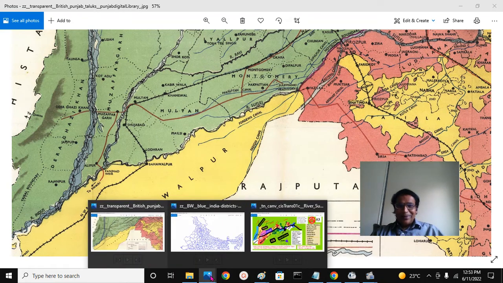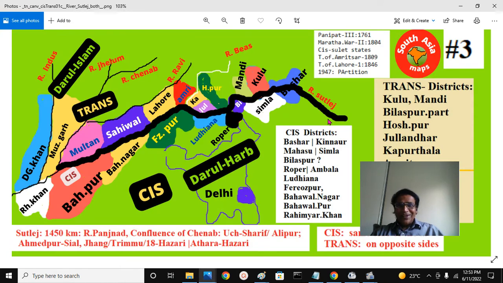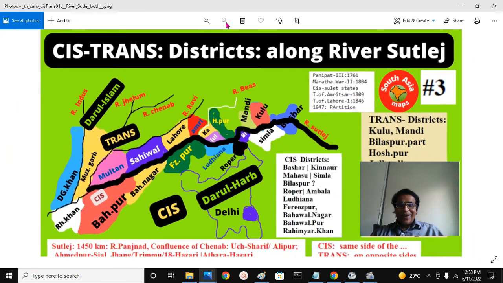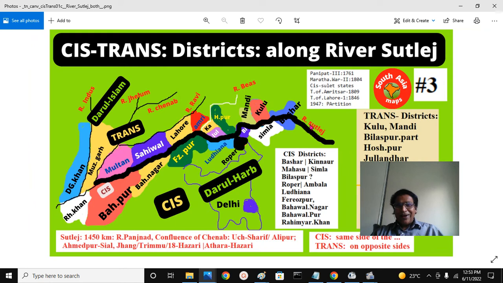That is about the fascinating CIS and TRANS districts across the majestic Sutlej river, which is 1450 kilometers long, and forms these very important districts, and we also talked about the historical context.